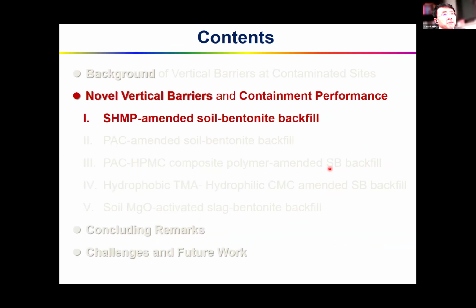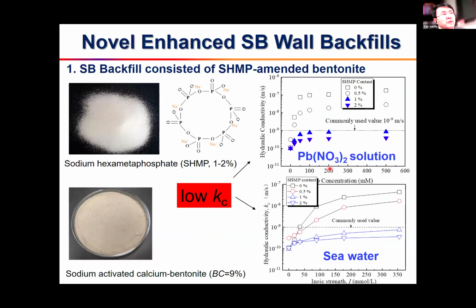Let's look at the first backfill. For the first backfill, we use sodium hexametaphosphate, which is called SHMP. We use SHMP to amend the sodium activated calcium bentonite, which is a local bentonite in the China market. We use the amended bentonite and sand to make up the SB backfill.